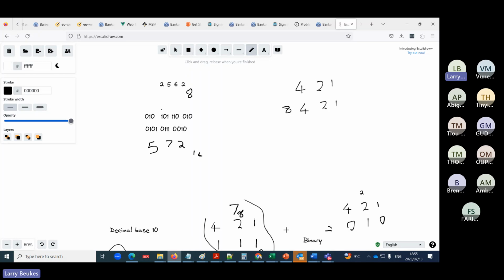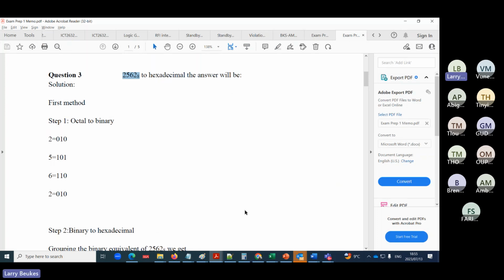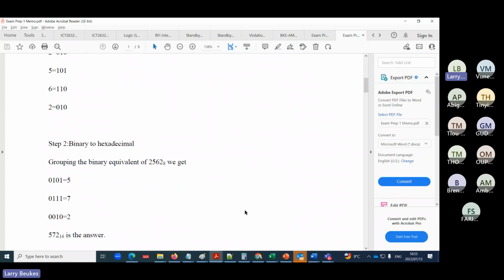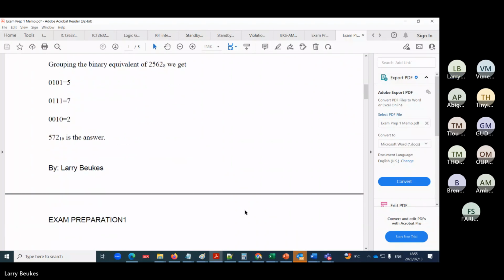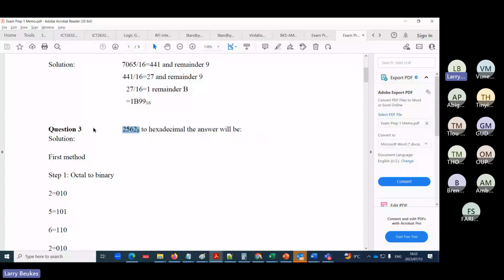5, 7, 2, 16. Okay, let's just see if we're on the same page with this one. 5, 7, 2, 16. So just for that, this is so easy. Just for that, you get 18 marks.